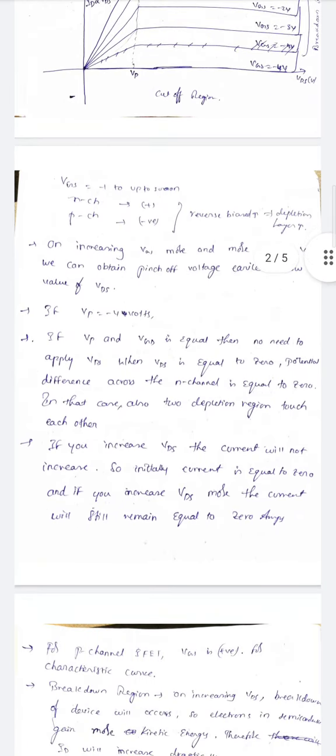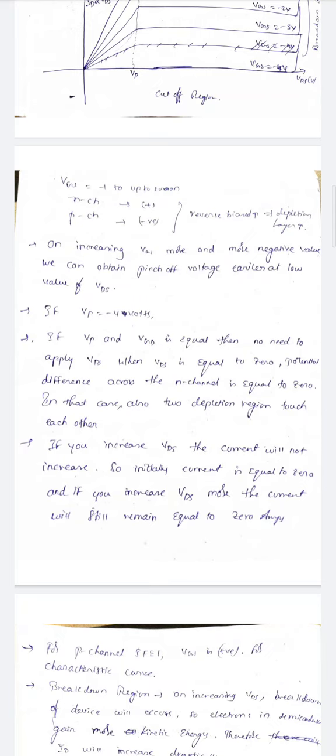So if VP, the pinch-off voltage, is equal to minus 4 volts, what will happen when VGS, the voltage between gate and source terminal, and the pinch-off voltage is equal to 0?